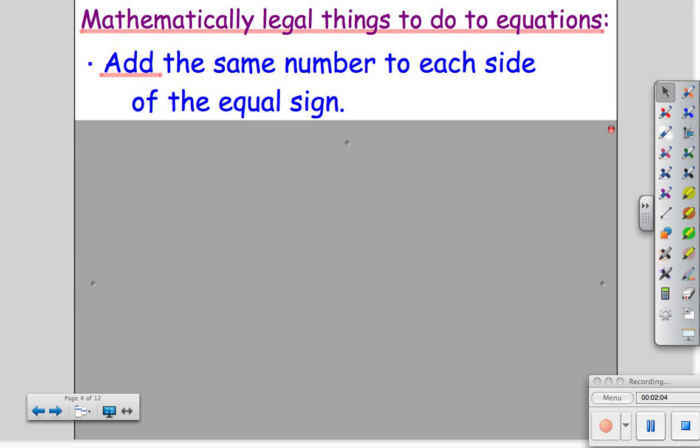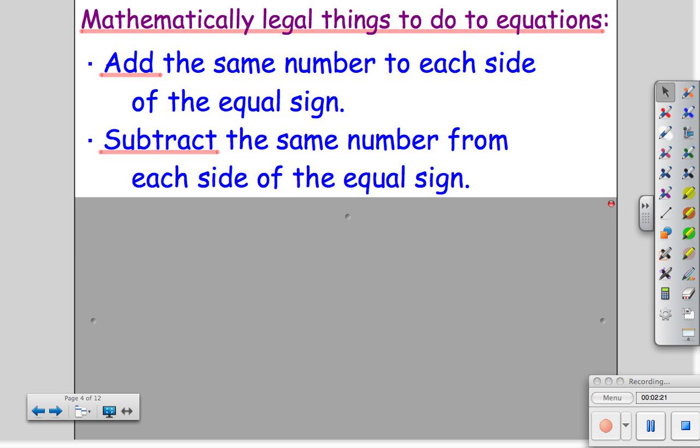You can add the same number to each side of the equal sign. So say your scale's already balanced, you can put 5 M&Ms on one side and 5 M&Ms on the other side, and it's still going to be balanced. You can subtract the same number from each side of the equal sign, and the scales will still be balanced.